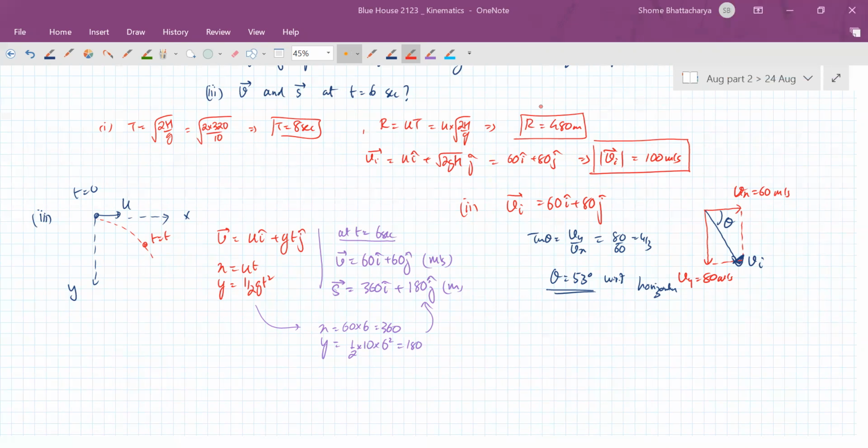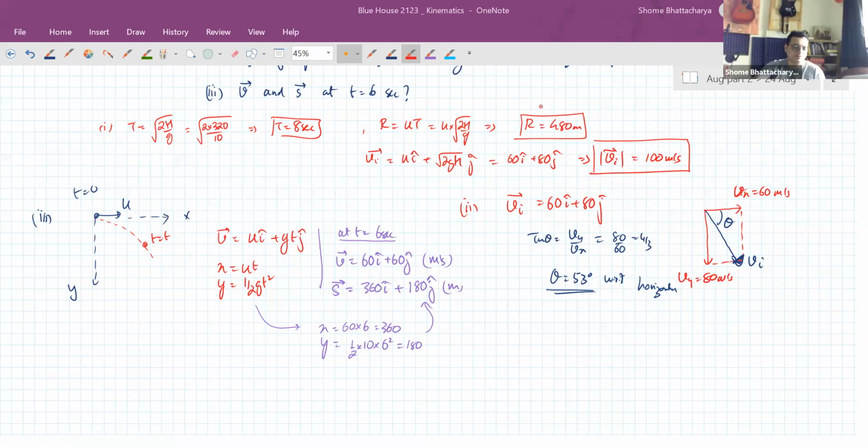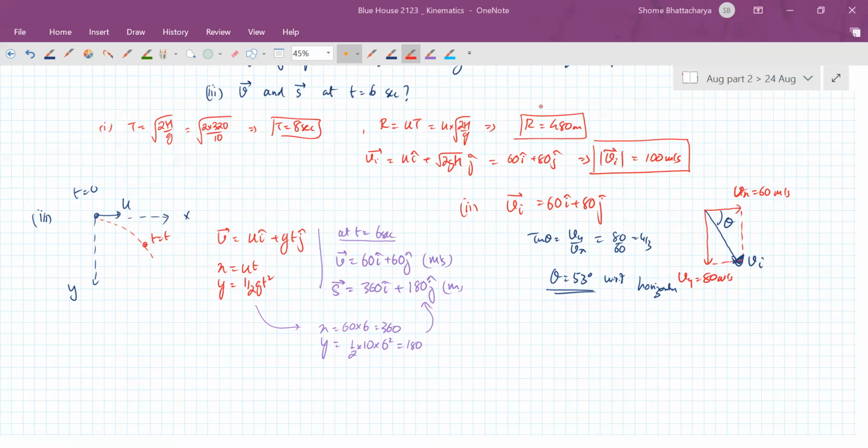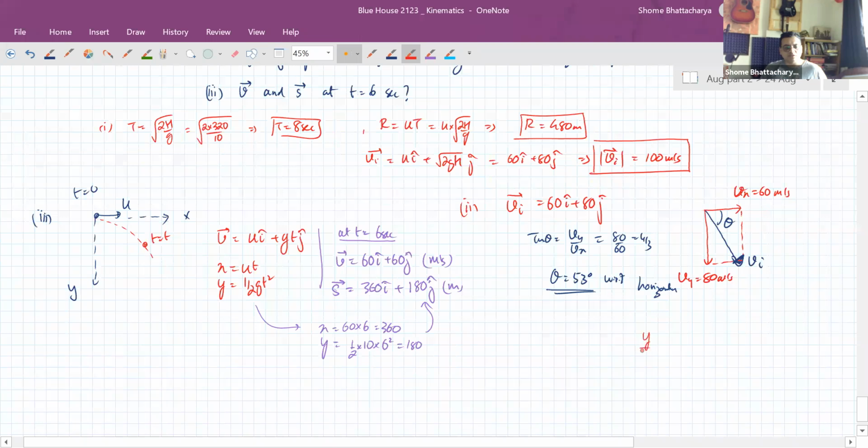Whereas for the vertical displacement, the ratio will be the square of the time, because vertical displacement is half gt square. So it came as a square only. But that's the vertical displacement. The overall displacement you will have to see. So basically y divided by capital H will be equal to t divided by capital T, whole square.